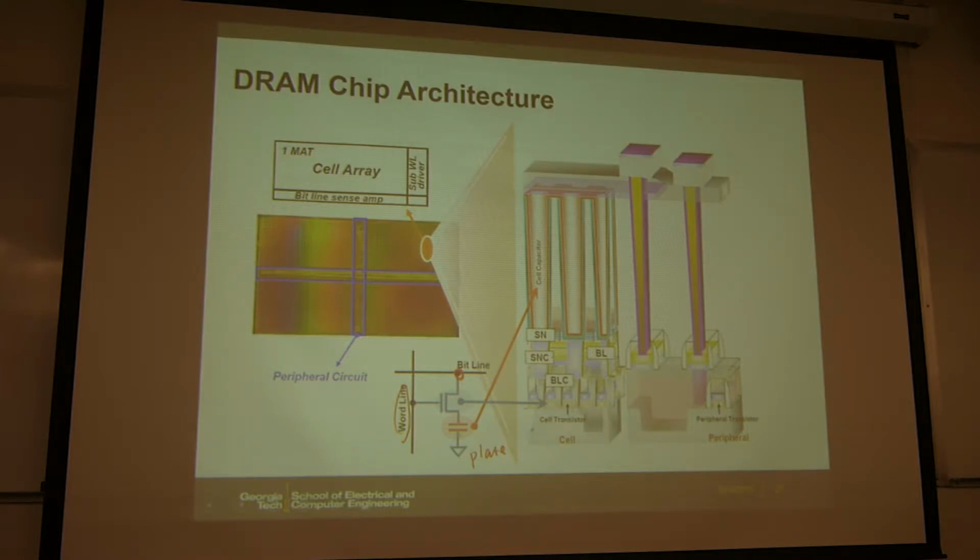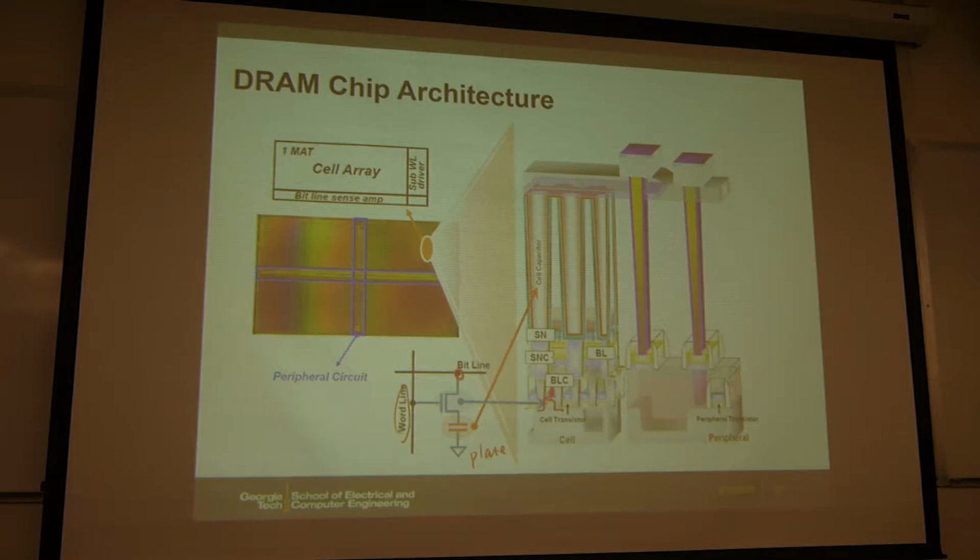So the transistor is in the substrate here somewhere. So this is the transistor. Here is the gate, and the gate will be controlled by the word line.